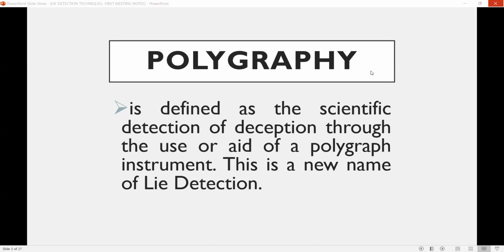So the proper term should be polygraphy, not lie detection, not lie detector. Because lie detection or lie detector is a misnomer. It is a wrong and inaccurate use of a name or term, and it is a popular but misleading name of a polygraph or polygraphy.